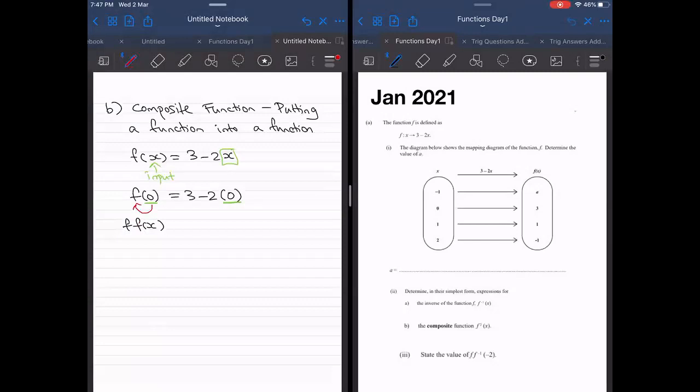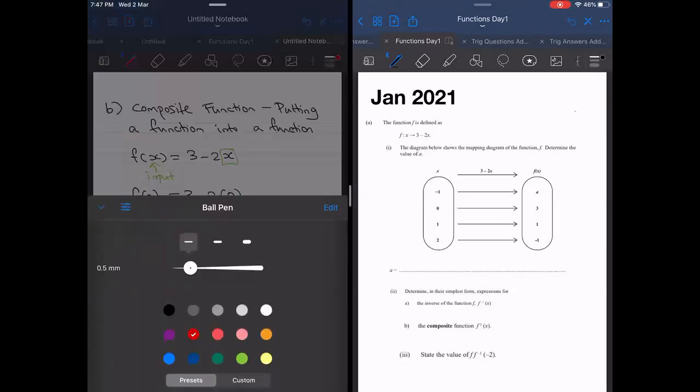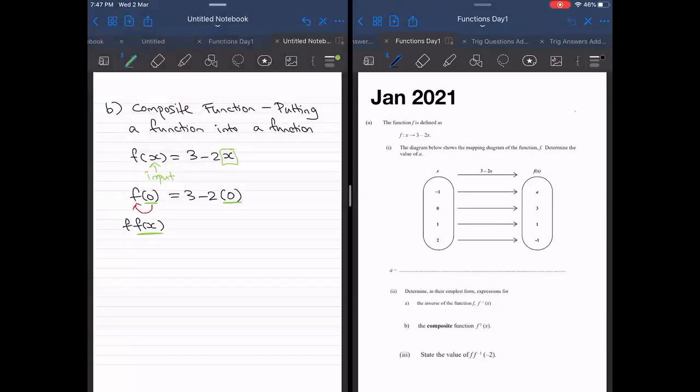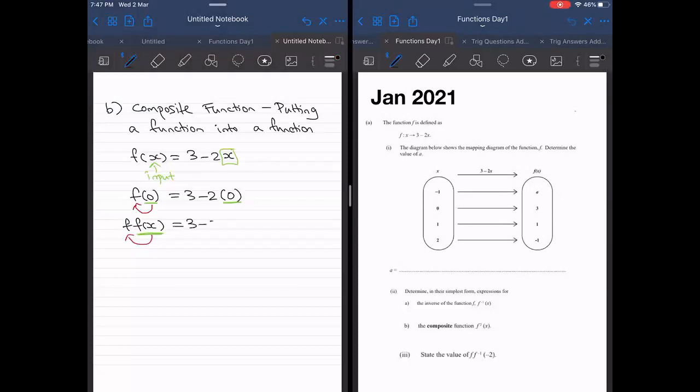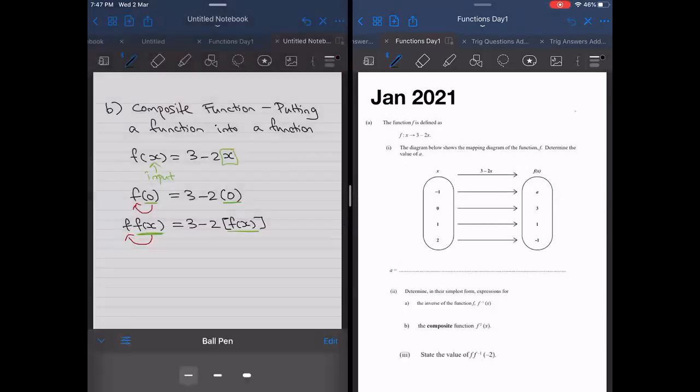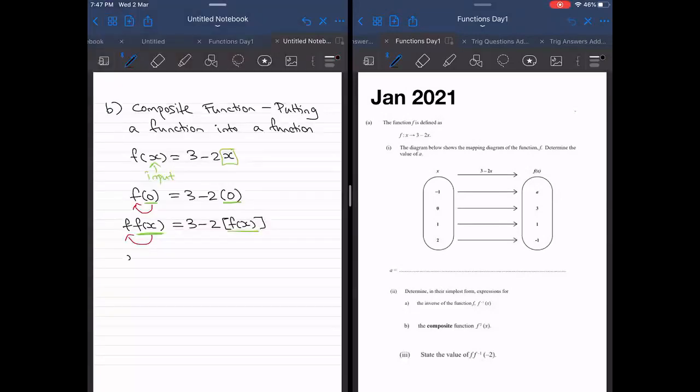What is happening is that whatever is on the right is what we are inputting to the left. So what f of x means is that wherever you see x, you would instead put f of x. If you see f of g of x, it means g of x is the input.